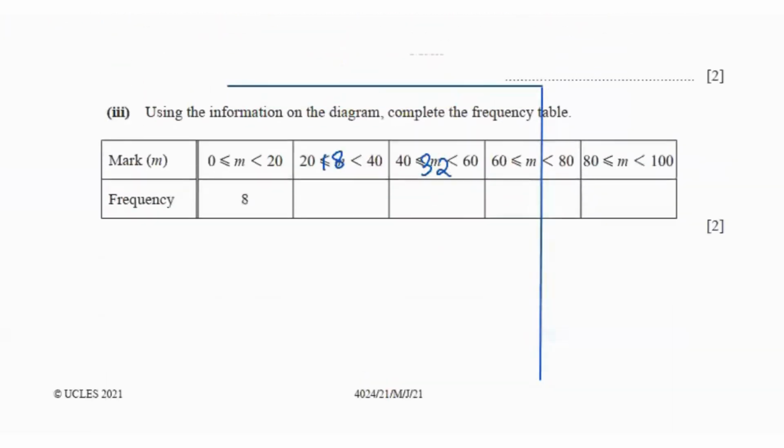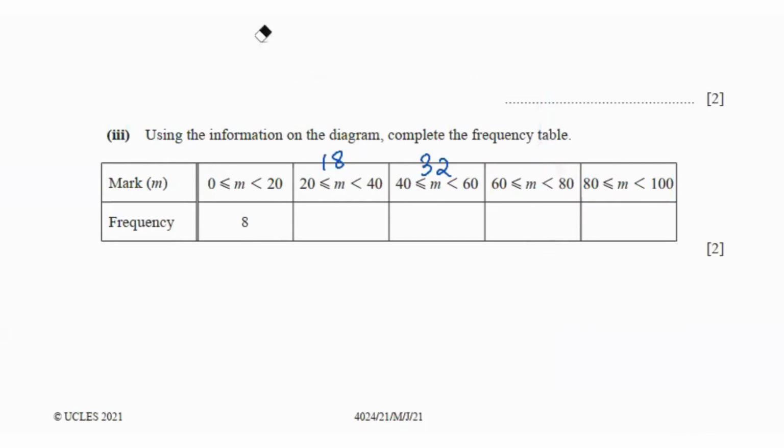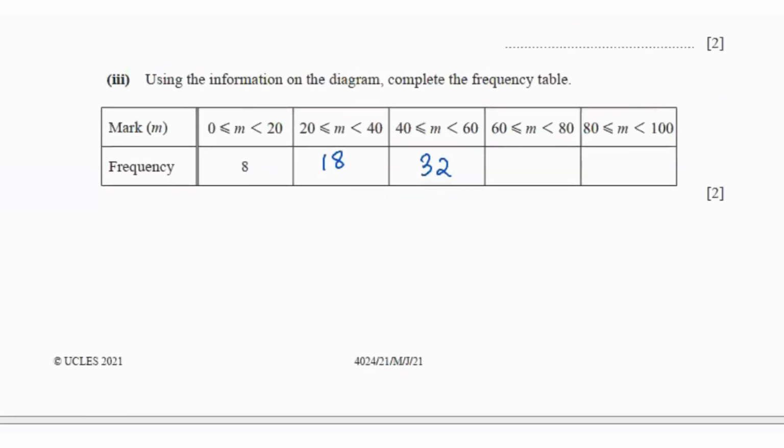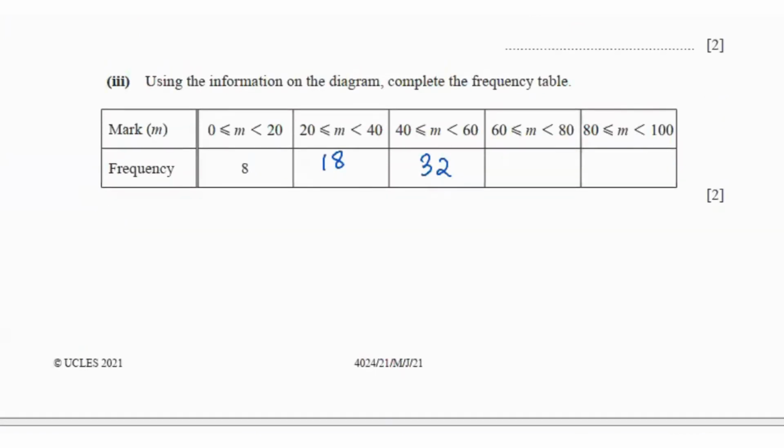So go back again and we will subtract 32, 18, and 8 from 74. So 74 minus 32 minus 18 minus 8. That is 16. So 16 is the frequency over here.